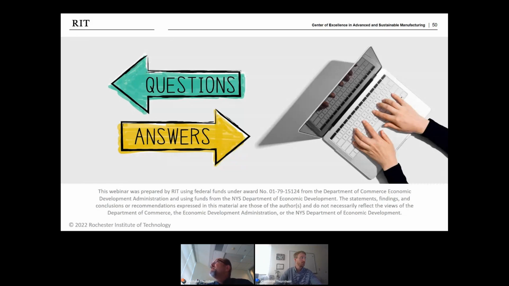Another question. Improving OEE, operational equipment effectiveness, is our number one goal. Is data analytics a good tool for this? Data analytics is a good tool. We talked about manufacturing execution systems. There are some software systems that have built-in dashboards and also data collection capability.